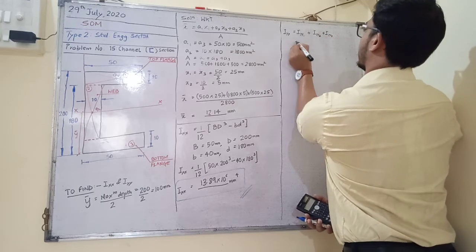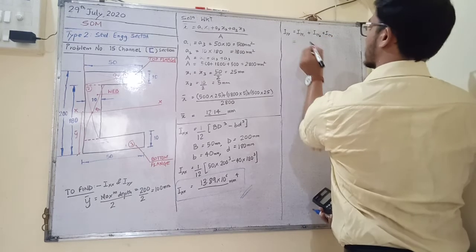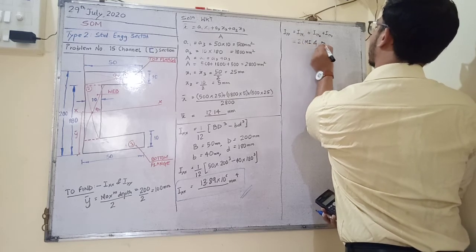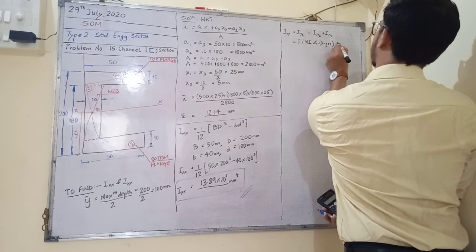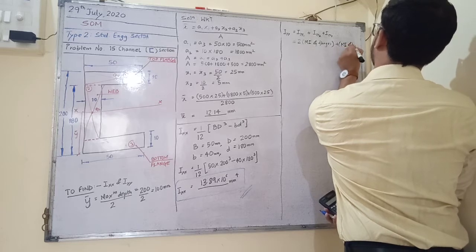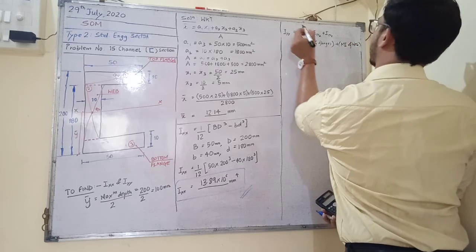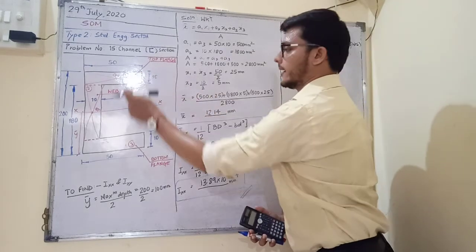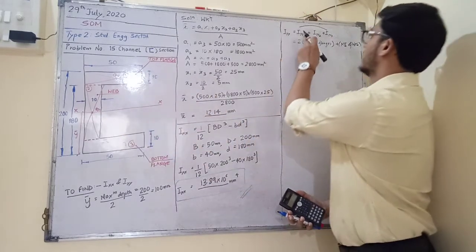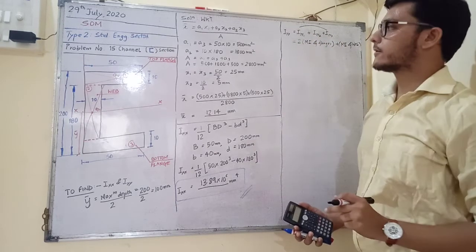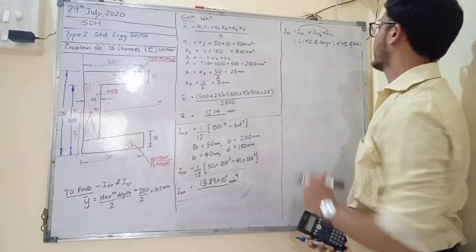Here I can write this in this manner also: 2 times the moment of inertia of the flanges, since both the flanges have the same moment of inertia, plus the moment of inertia of the web. 1 and 3 are the flanges, so Iyy1 and Iyy3 will be the same.